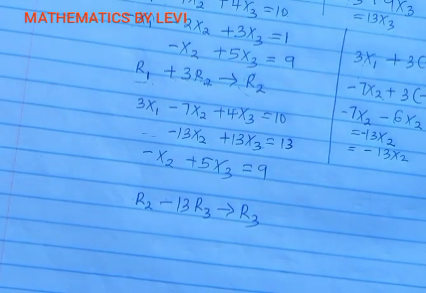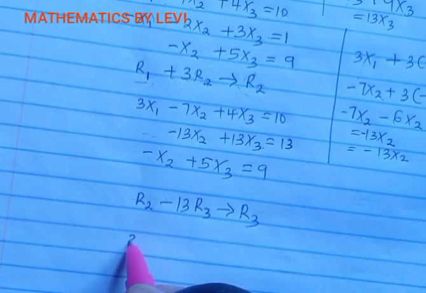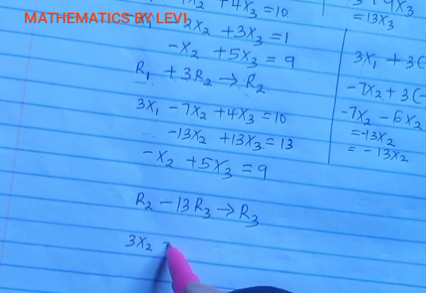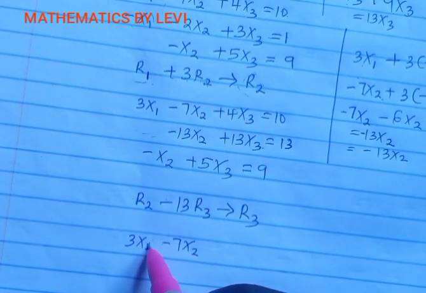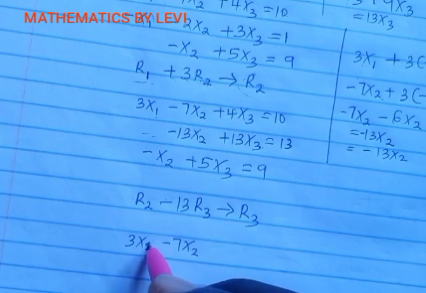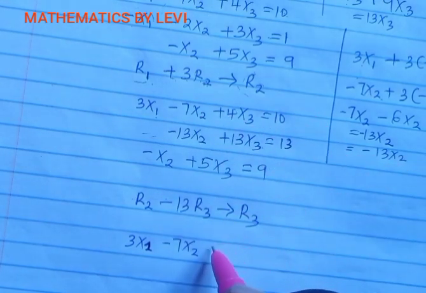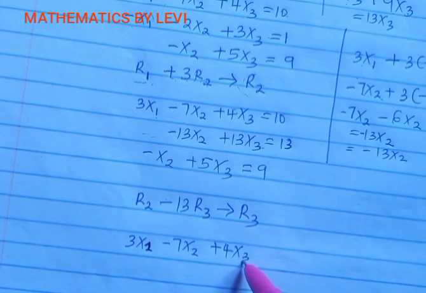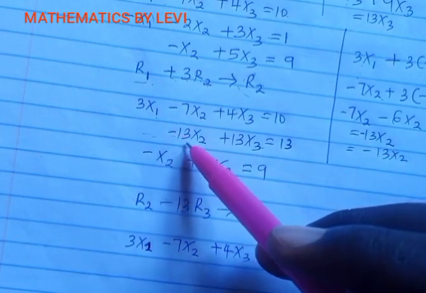We need to obtain our new row 3. So that means our R1 will remain the same way it is, that is 3x1, then minus 7x2 plus 4x3 equals to 10. Now we have our second row.